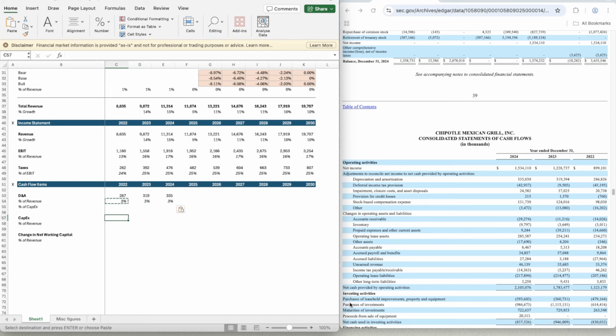So the CapEx is under the purchases of leasehold improvements, property and equipment. 479.164. The next one, 560. Then 593.603.